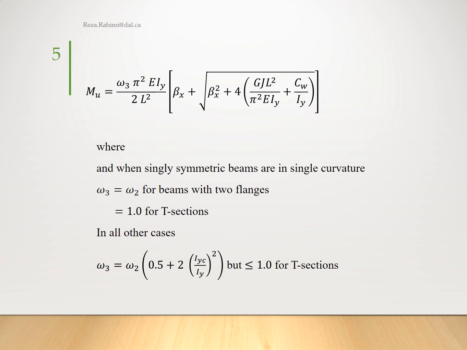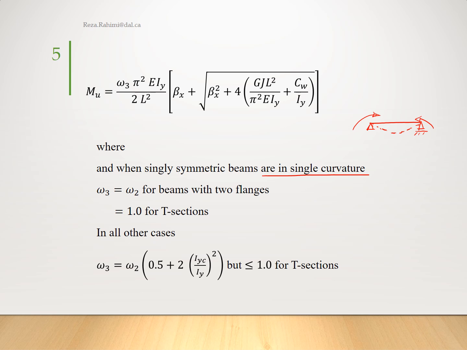For calculating omega 3, when a singly symmetric beam is in single curvature, it means that, consider this simply supported beam. This member is in single curvature.